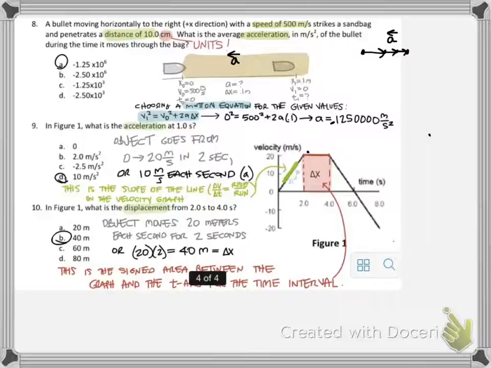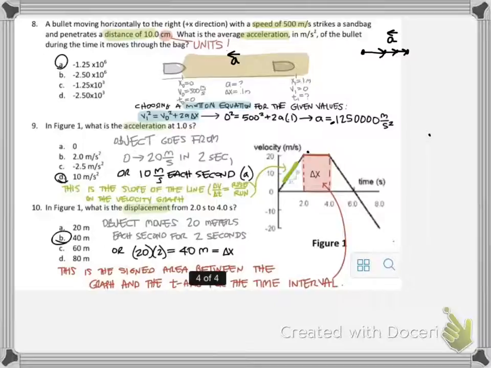So the rise is 20, the run is 2, 20 over 2 is 10 meters per second every second. You could also have chosen 0 and the 1, 10 point there, 1 second and 10 meters per second. Same thing, as long as it's a straight line, you can choose any two convenient points. Our math did give us a positive acceleration. That's what we would expect because that velocity-time graph has positive slope.